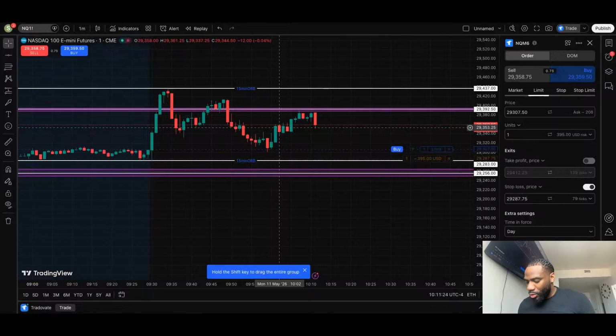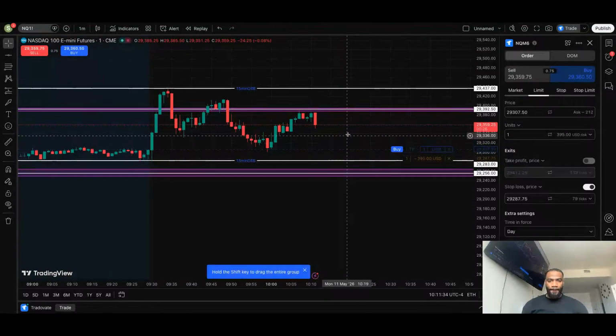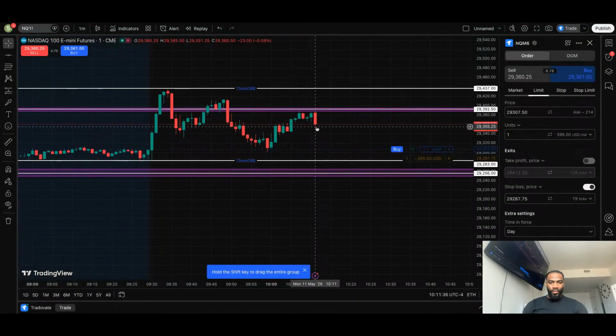Wait, explain what you mean. The wider you go, the higher the risk, though. This is a nice level.